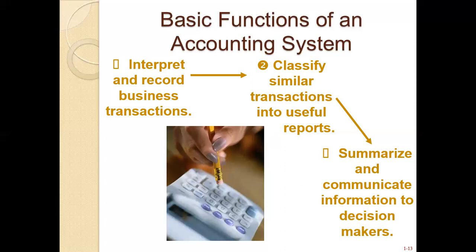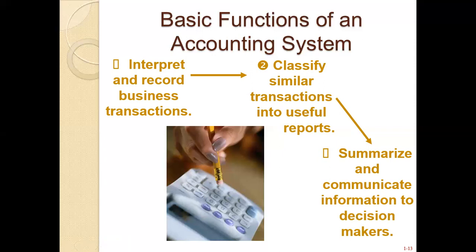Okay, now class, the second important thing is to classify similar transactions into a useful report. Then when we are producing these useful reports, we summarize these and communicate the information to the decision maker. Again, the concept is repeating.